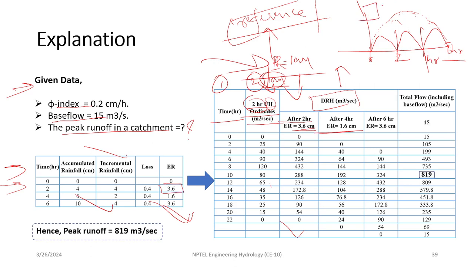But keep in mind that this entire data is plotted for 1 centimeter of excess rainfall only. So we don't have an idea about what is happening from 2 to 4 hours.